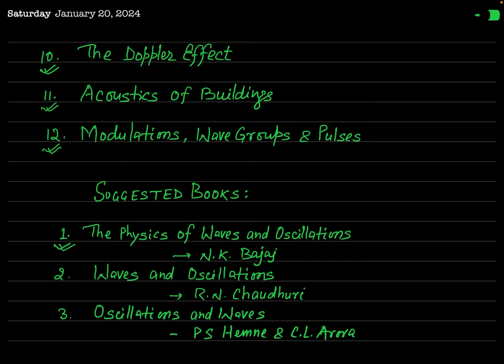Okay. The second book you can see is Waves and Oscillations by R.N. Chaudhary. Actually, this book has been written in some another way. Here, the theories are not dealt in very detail, but there is a summary, and all theories are discussed via the numerical problems.